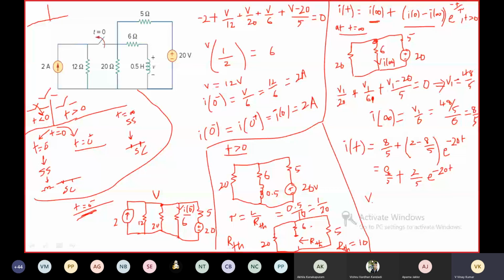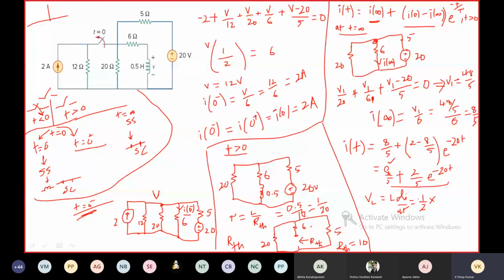Voltage across the inductor VL is equal to L dI by dt. L is equal to 0.5, which means 1 by 2, into the differentiation of this current.